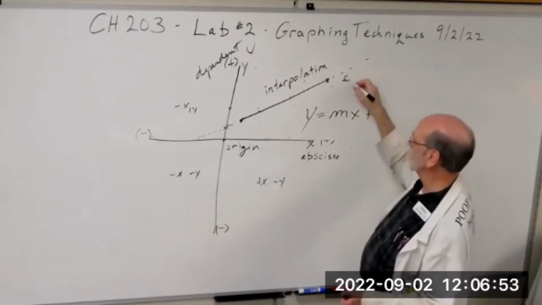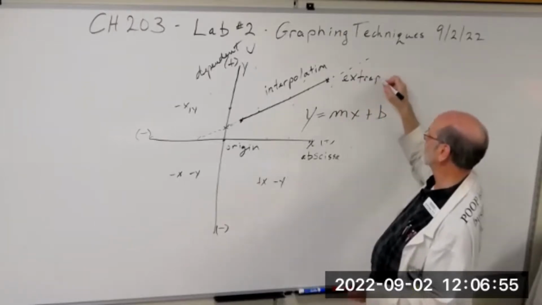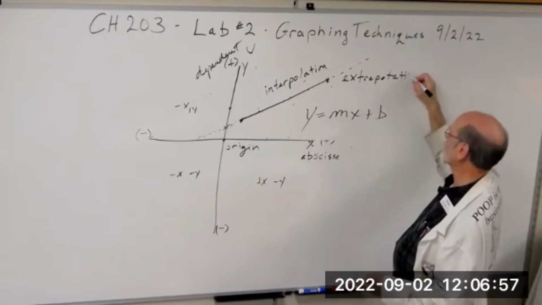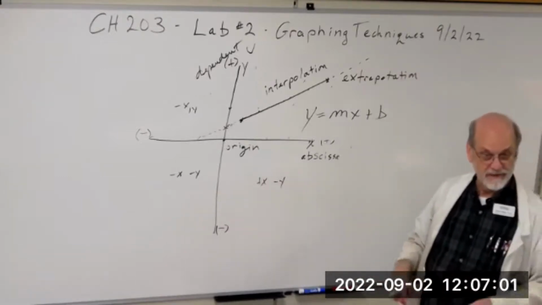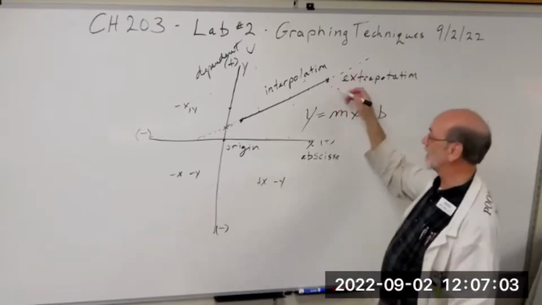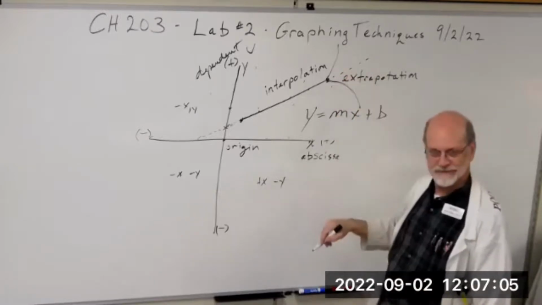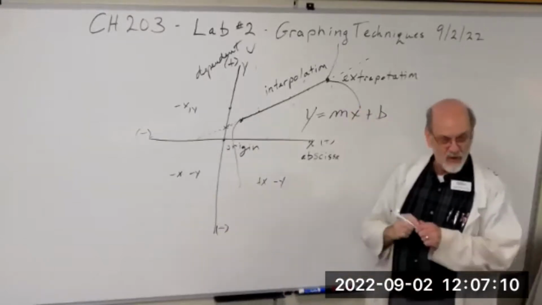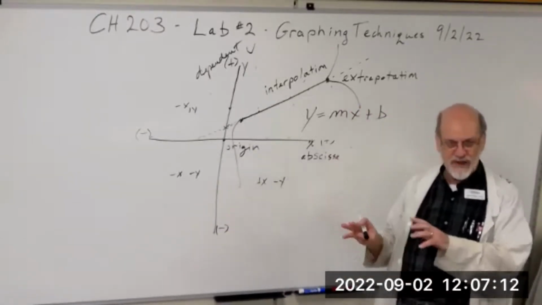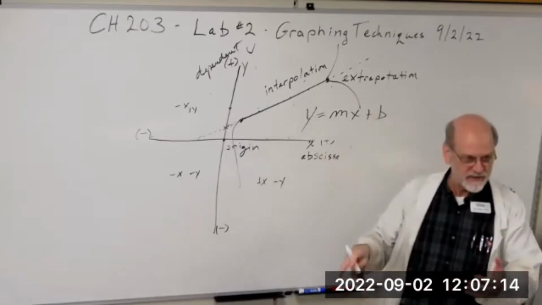Anything in those regions is extrapolation. There you're in no man's land, right? Because you don't know what the curve's going to do after that. It could go like that. It could go like that. It could go bang like that. So there's a lot more hazard possible in extrapolation than there is in interpolation.